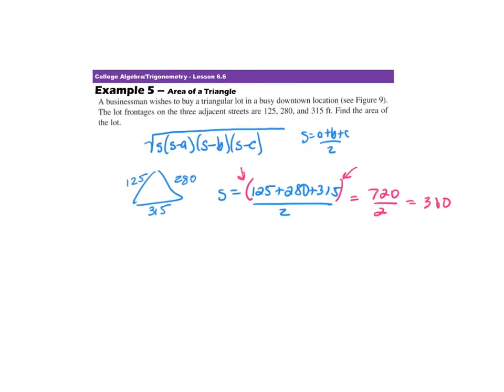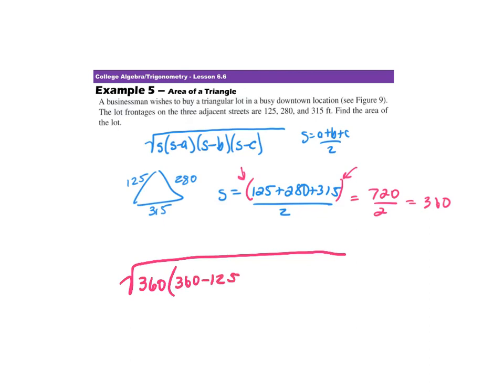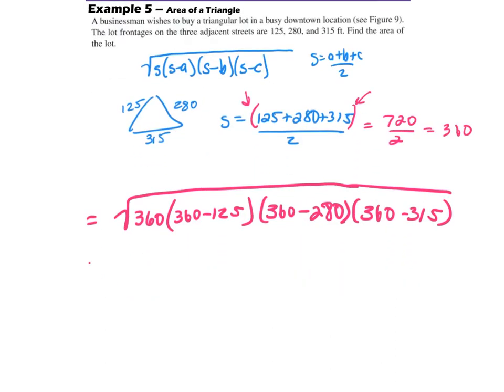So once we found our S, let's plug this into the formula. Instead of S, I'm going to say the number 360. And then I literally just take that number minus every side. So 360 minus 125, 360 minus 280, 360 minus 315. Now, if I were you, because I'm so annoying and I like to see all of your work, I would do this step by step.